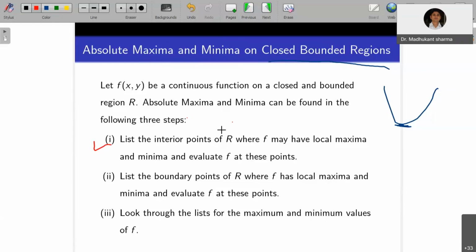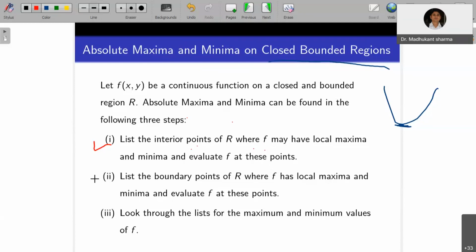So you have the interior extremum theorem, which says that if f has all first order partial derivatives, and it has a local maximum or minimum somewhere, then both fx and fy will be zero. If they do not exist, those points are also critical points. So you have to list out all those interior points and their f values at those points.